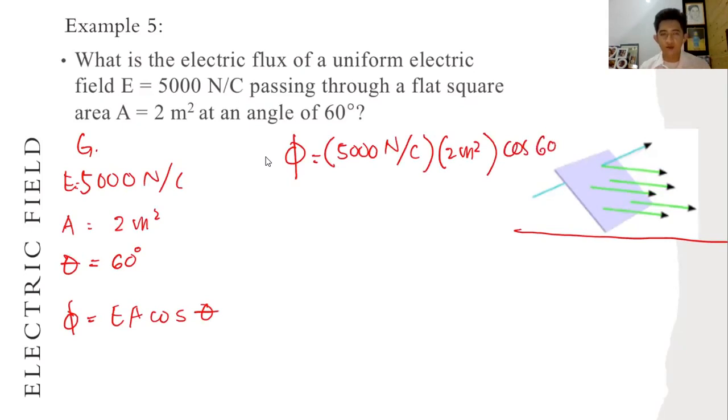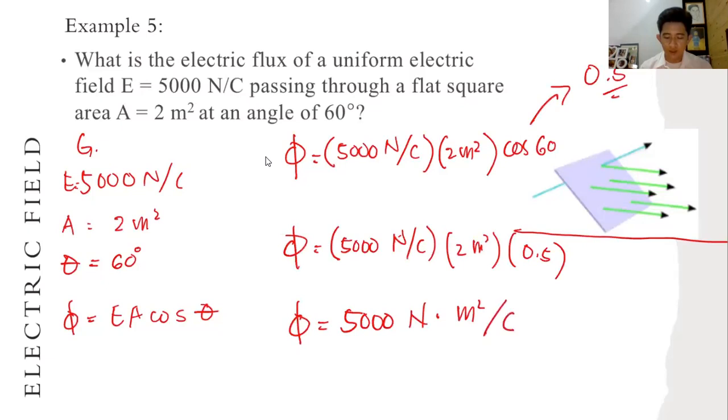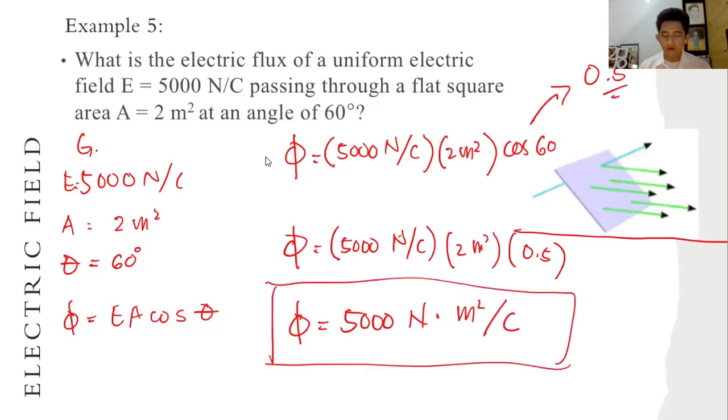Cosine 60 is 0.5. So the electric flux is now equal to 5,000 newton square meter per coulomb. So this is the amount of electric field lines that pass through that kind of surface.